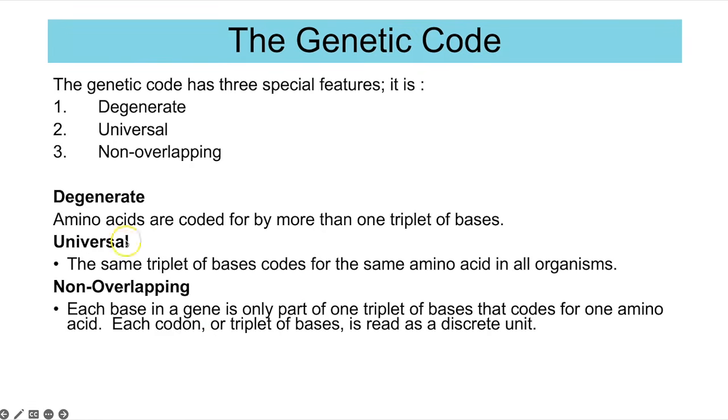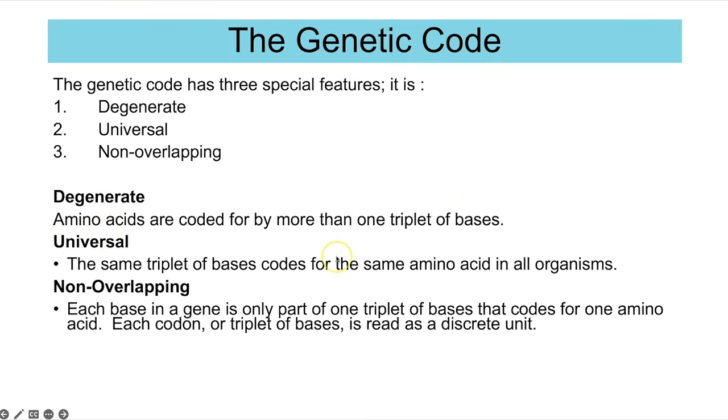So the advantage of this is the fact that the genetic code is degenerate means even if a mutation occurred, changing one of the bases in a triplet, that new triplet due to the mutation might still code for the same amino acid. So it reduces the impact that mutations might have.